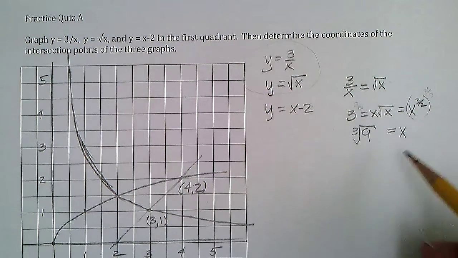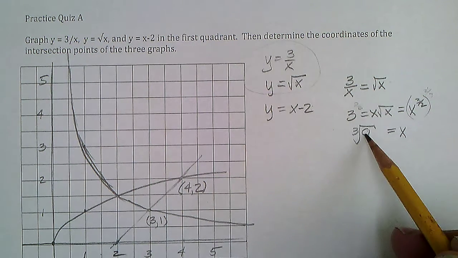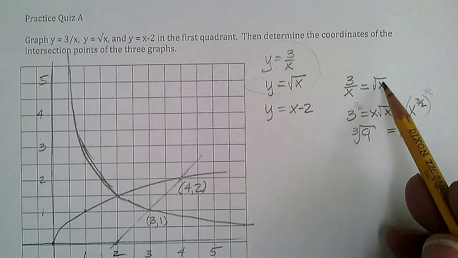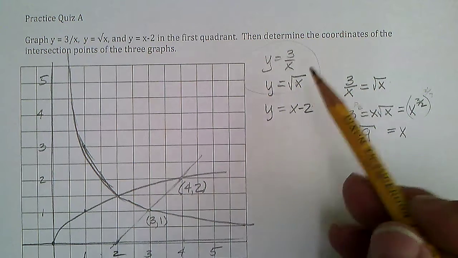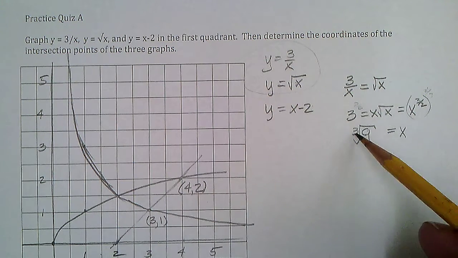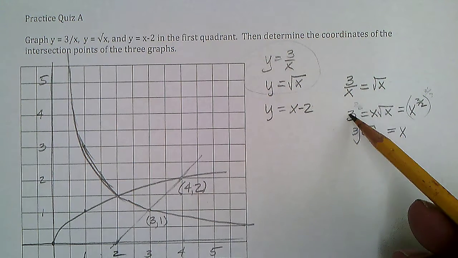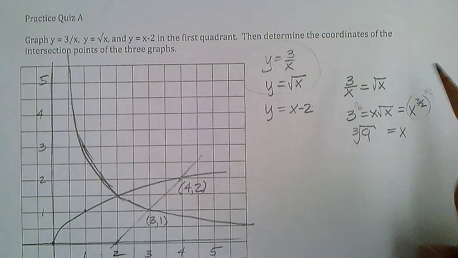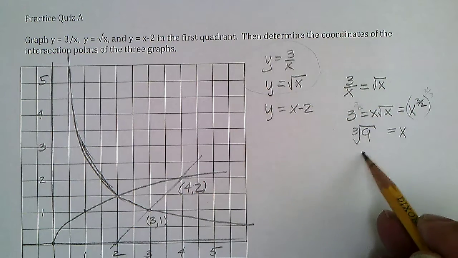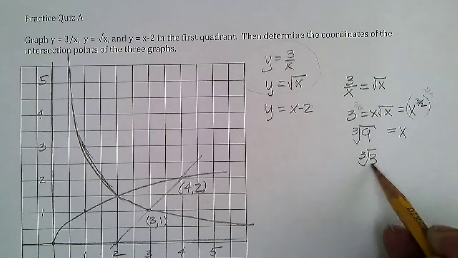And to find y, I'd put this value in for the x, and the square root of 3 to the 2/3 is 3 to the 1/3, or cube root of 3.